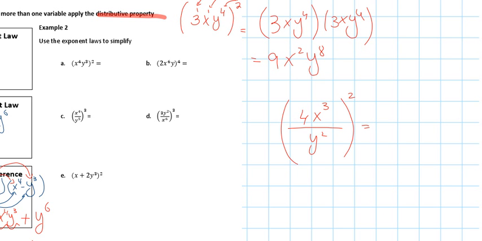Put the invisible 1 on the 4. Okay? So then that's 4 squared, x to the power of 6, over y to the power of 4. So you're distributing that exponent to everything inside the bracket. Are we clear with that?